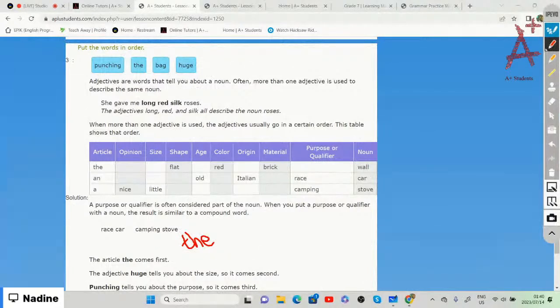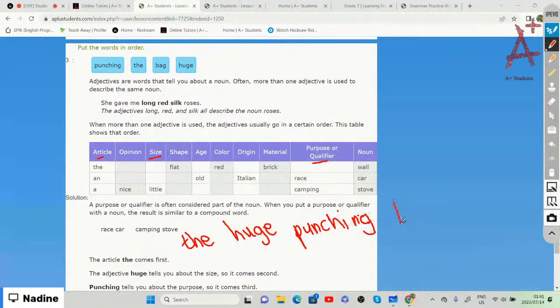Punching the bag huge, right? Then we're going with huge because this shows size, right? So there we have the article, there we have the size. It's huge, right? Then we have punching, which is the purpose or qualifier.